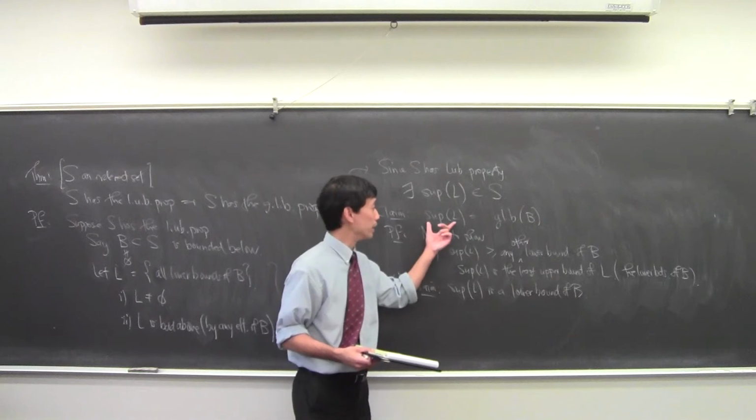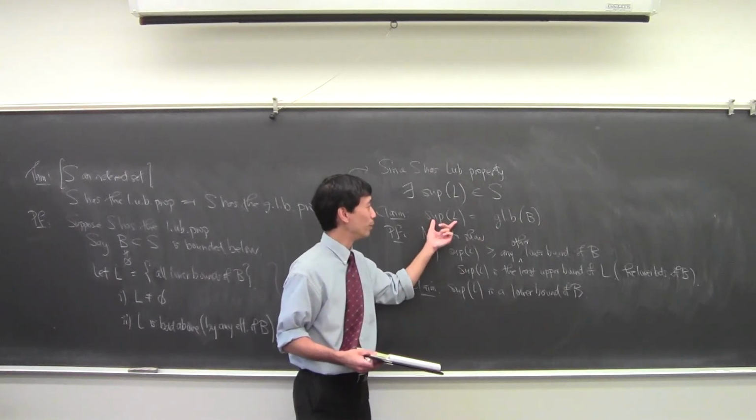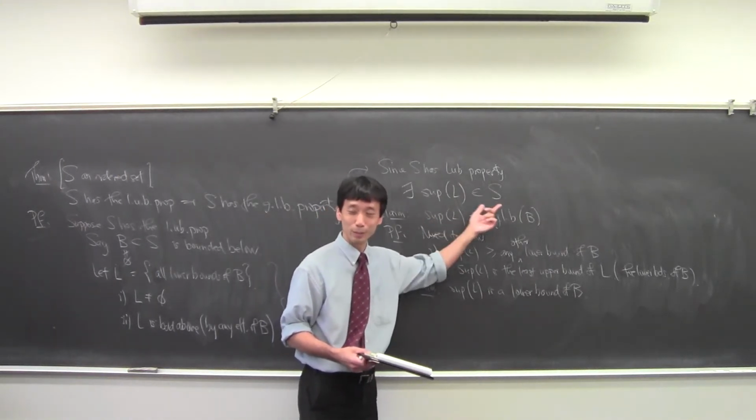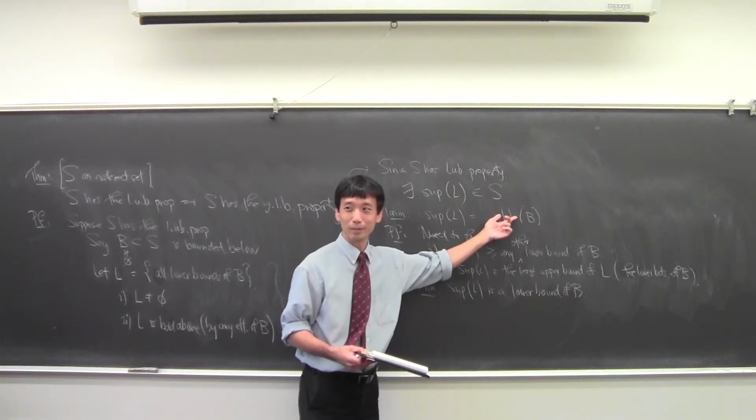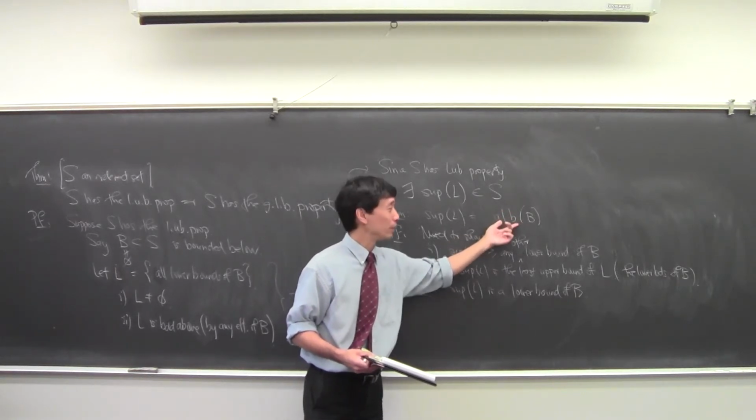What we're trying to show is that the least upper bound of the set of lower bounds is the greatest lower bound of B.